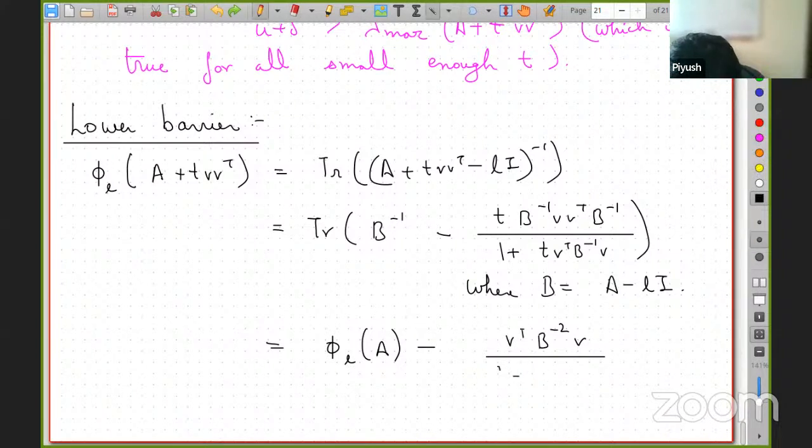Again, I'll do the same thing. So 1 over t plus v transpose.